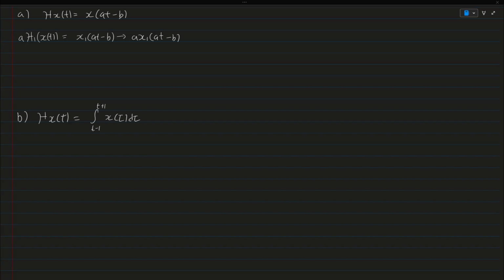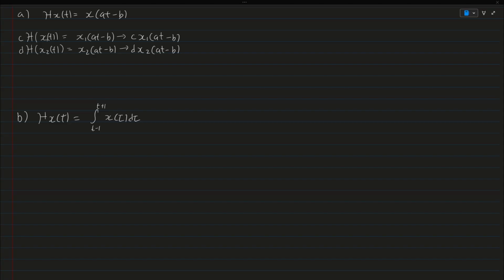Same thing for x2, we get x2 of at minus b, and b x2 of at minus b. By the way, a and b here could be different constants, like c and d, so let's just use c and d because we already have a and b.